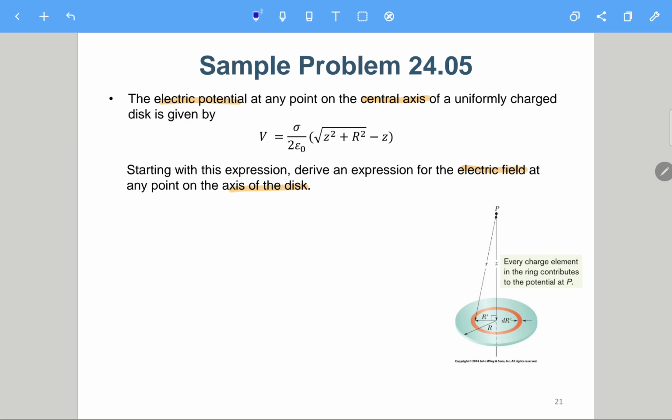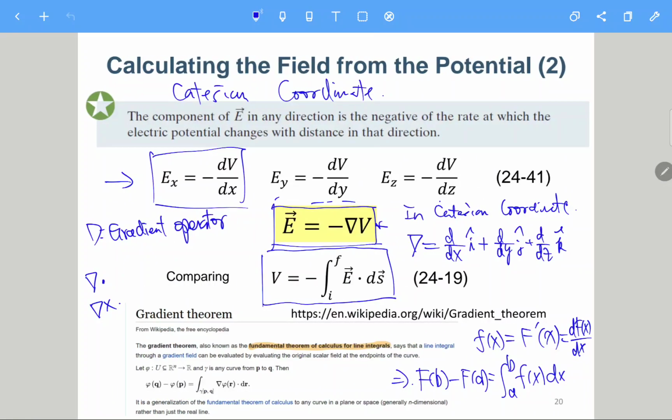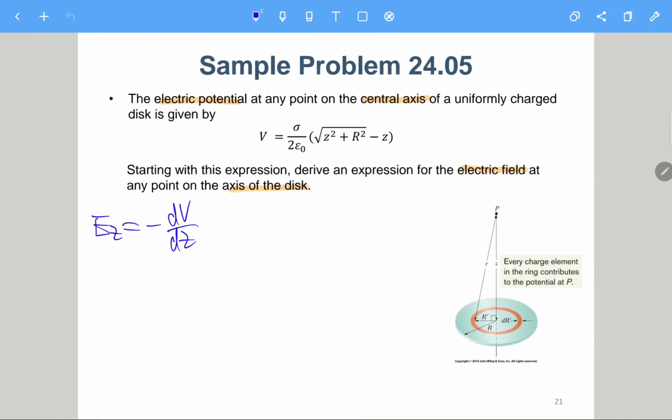So we can calculate E_z is minus dV/dz using this one, because we only consider the z-axis, the point P only on the z-axis, and actually this V is only related to z but not to x, y.